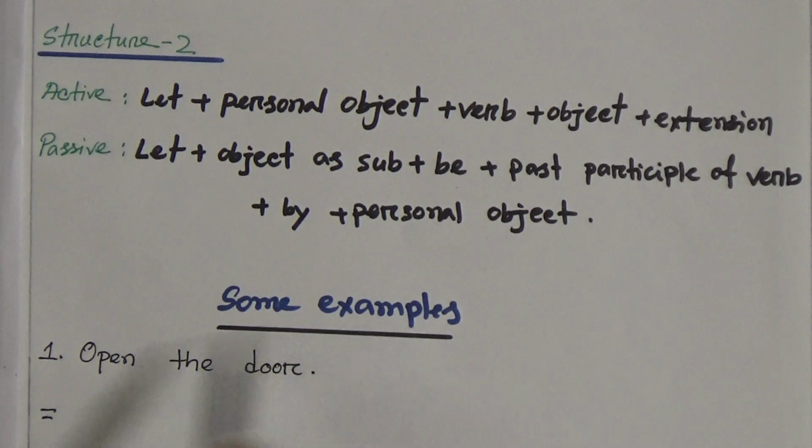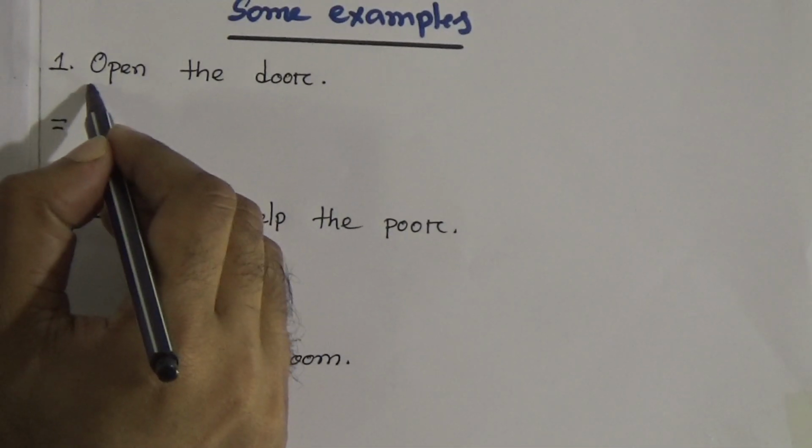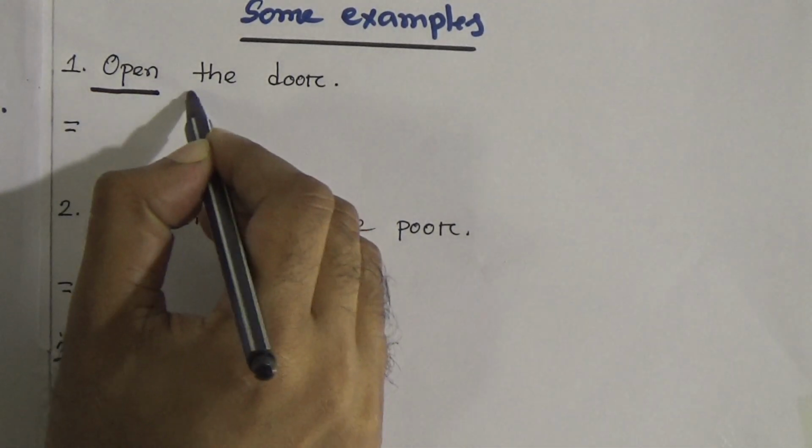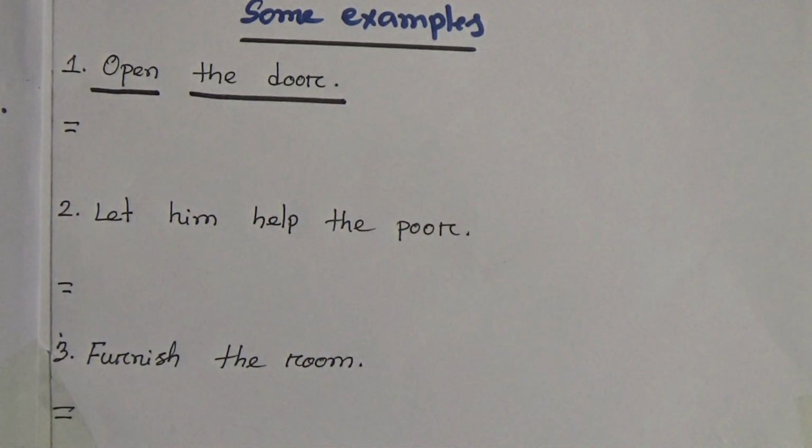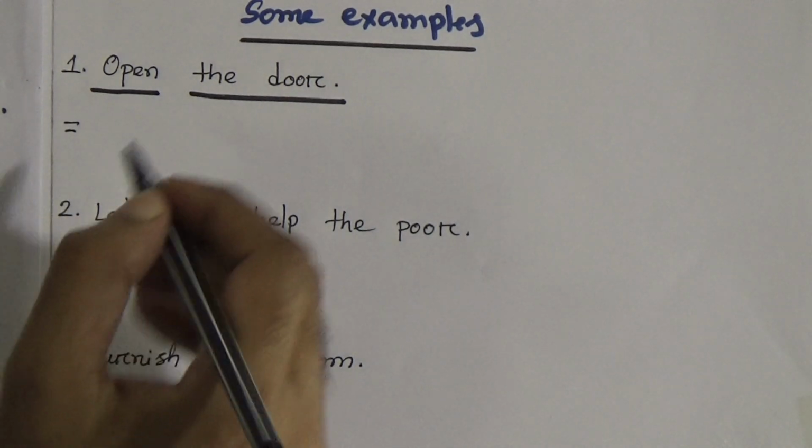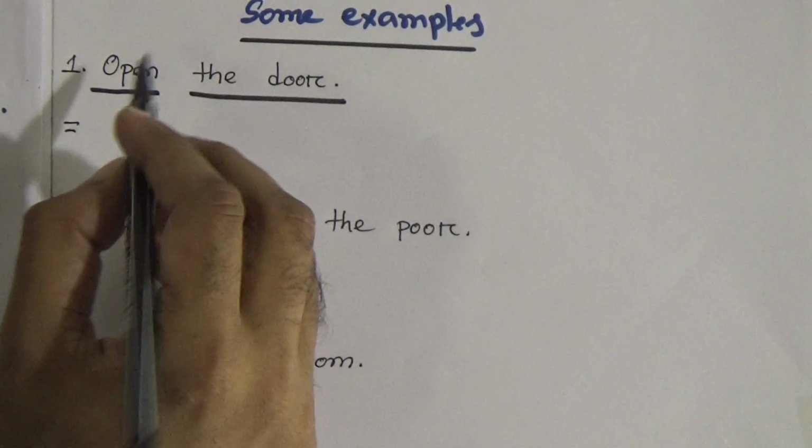Look here, some examples. Open the door. This is the verb and this is the object. That means if the sentence starts with the verb, then what will be the passive voice of this kind of sentence?